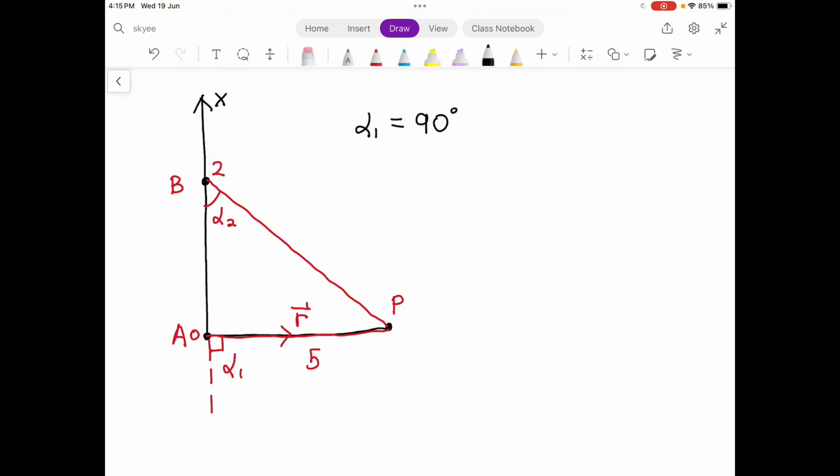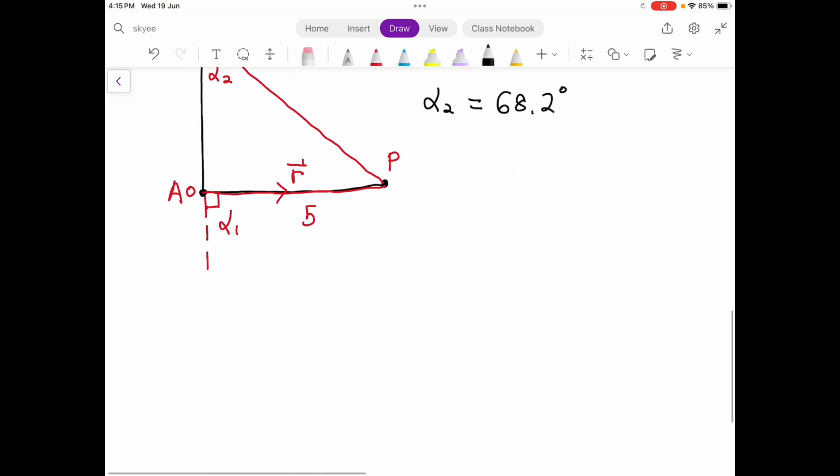As for alpha 2, we can use the tangent. Tangent alpha 2 is equal to 5 over 2, so the angle alpha 2 is 68.2.